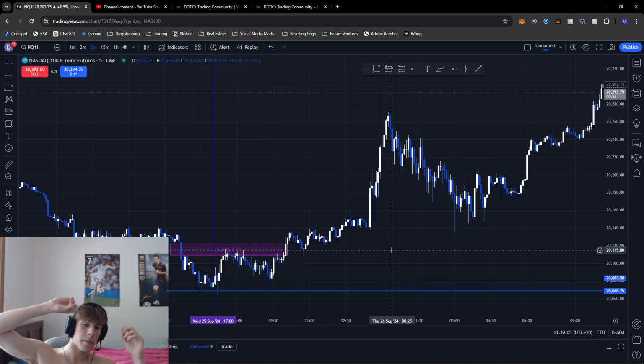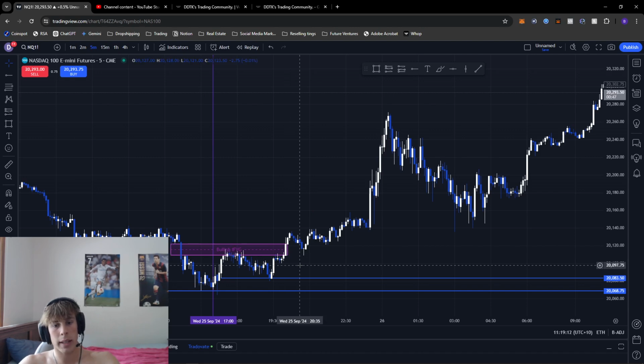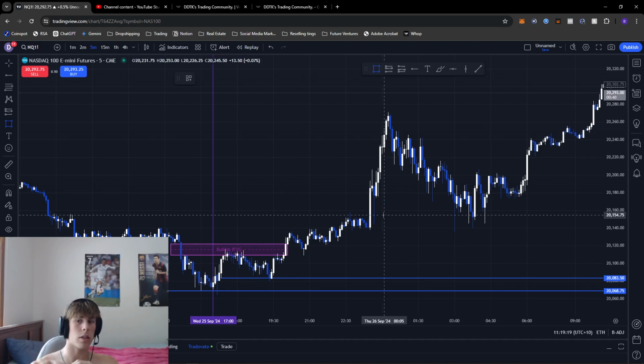If you don't know about inverse fair value gaps, go check out a video on them. I know it's been inversed because one candle has just pumped through. I would still call stuff inverses even if it's multiple candles, as long as there's not much retracement.